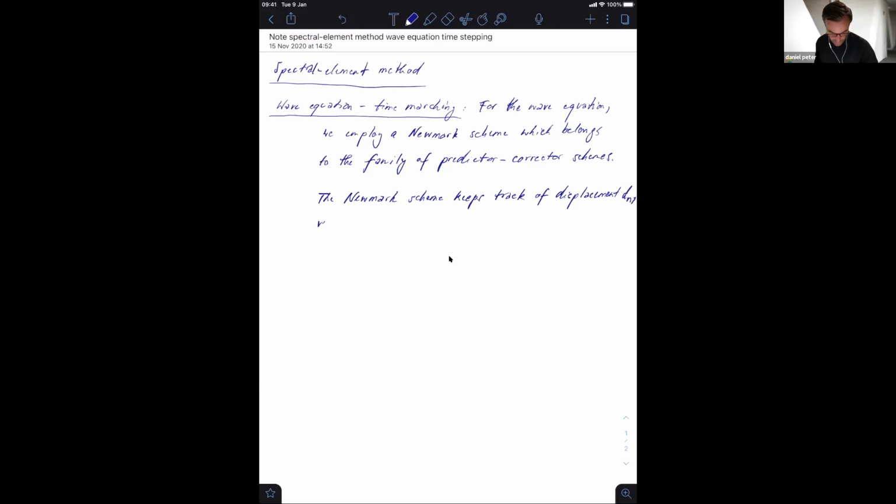We have velocity that we need, which we call Vn for time step tn, and also acceleration, which we call An.